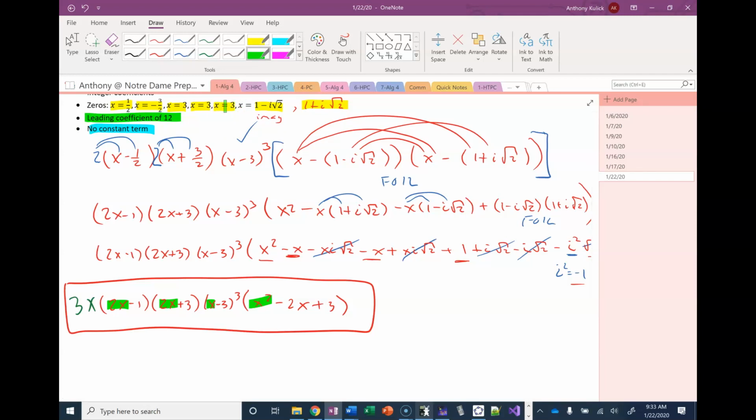The difficult part is when you have to do that extra, where it turns into 2 foilings. There's a lot going on. But if you just write it down and go slowly and be careful, it's not too terribly difficult. It's just kind of tedious, right? There's a lot of writing, a lot of stuff to keep track of.